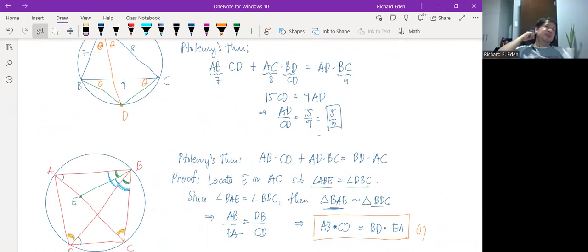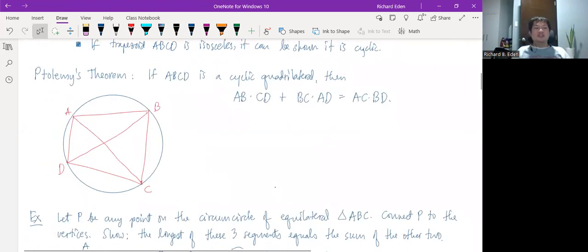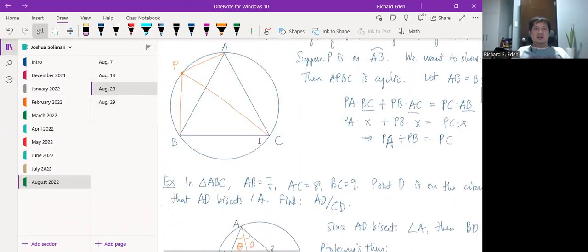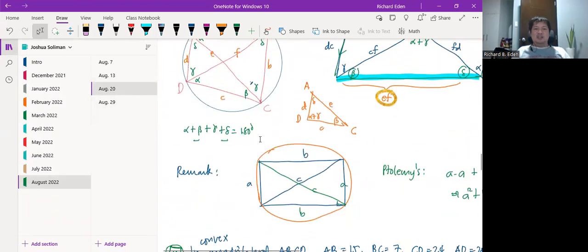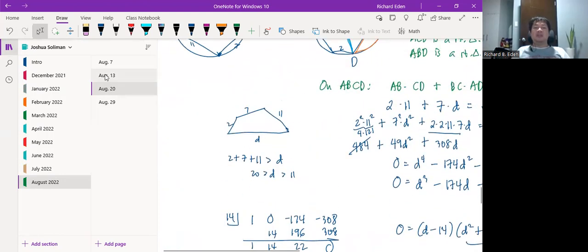What would be more mandatory, more urgently needed, something as basic as theorems regarding lengths of segments, secant segments and then tangent segments. Nung sinolve natin kanina, nung ginamit ni Joshua, yung PA times PB.